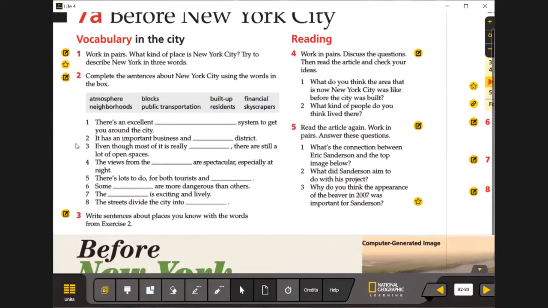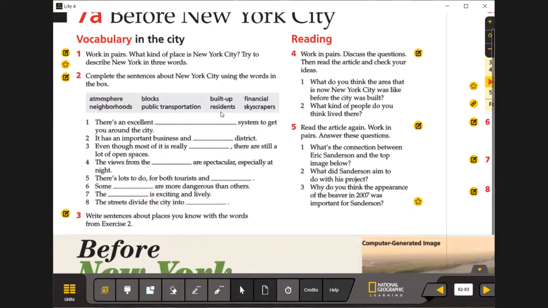Well, okay, very quickly, let us just finish this exercise containing certain words such as atmosphere, neighborhoods, blocks, public transportation, build-up, residence, financial, and skyscrapers. Remember that skyscrapers are those tall buildings, such as the Empire State Building, the Twin Towers, etc. Financial, well, everybody knows.